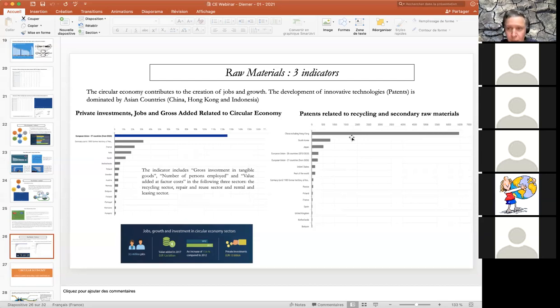And if you want to measure technology, the big measure is patents. And here you see the big difference. All the patents are coming from the ASEAN area. I mean China, Hong Kong, South Korea, Japan. These are the countries which today produce more patents on recycling and secondary raw materials. Look, it's one of the big issues here to reconnect.